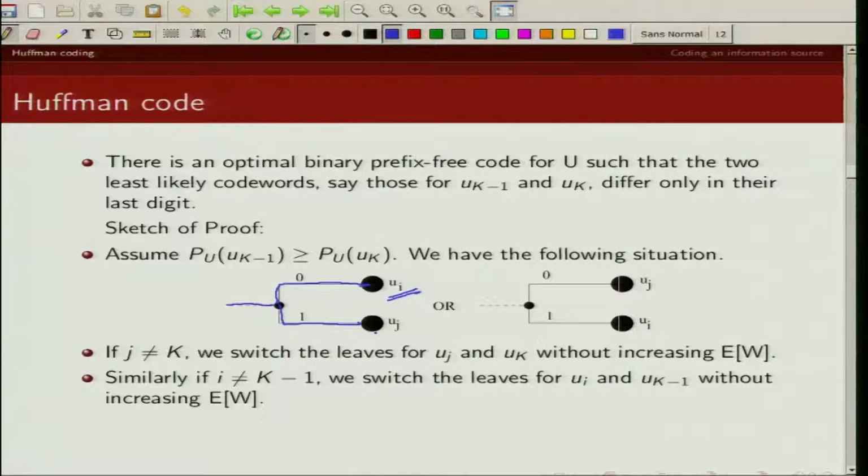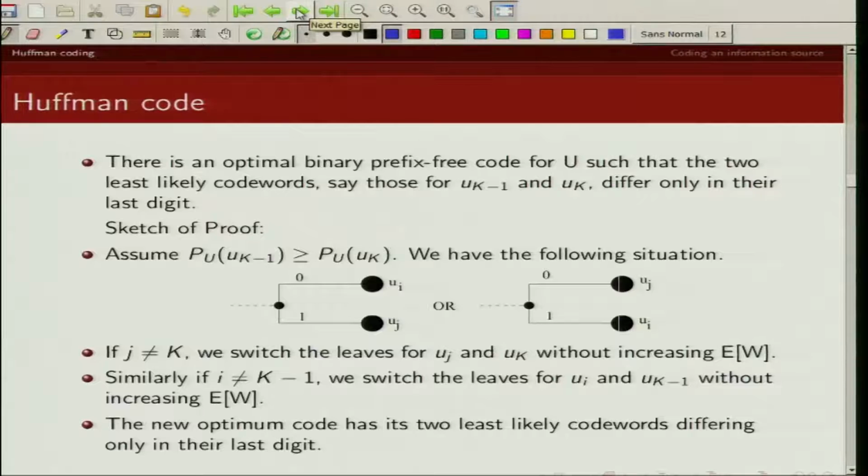So the two least likely code words will differ only in their last digit. So what we have shown is that the optimum code, which has the minimum expected value of W, will have two least likely code words, and they will only differ in the last digit. That is because from the root to this node the bits are all the same.